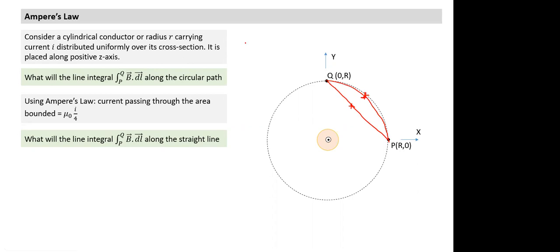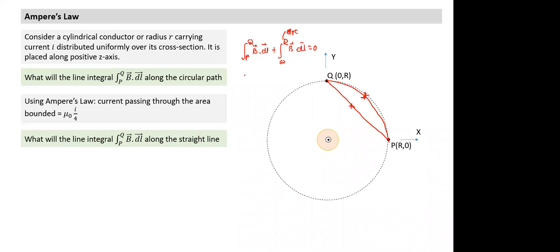There's no current, so I can write something like this. From P to Q, B dot dl plus Q to R along the arc, B dot dl is equal to 0.